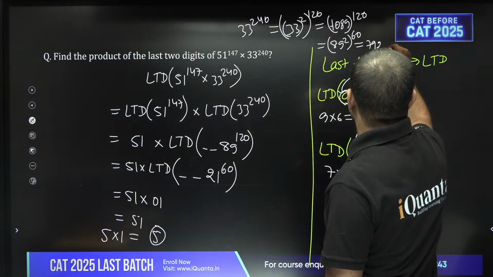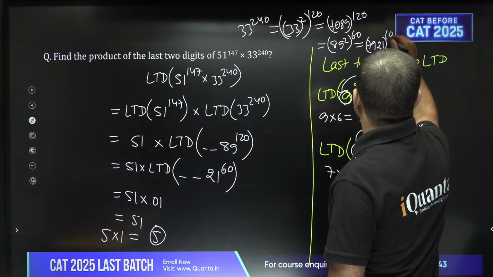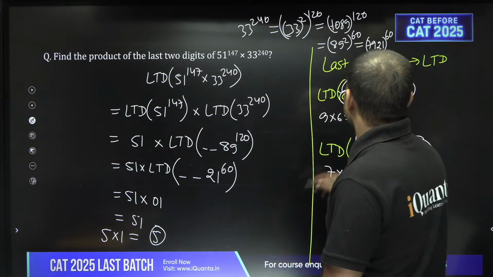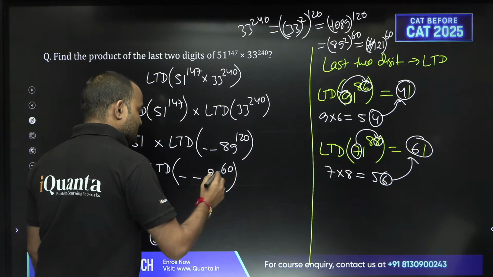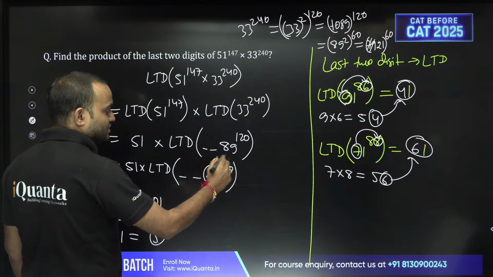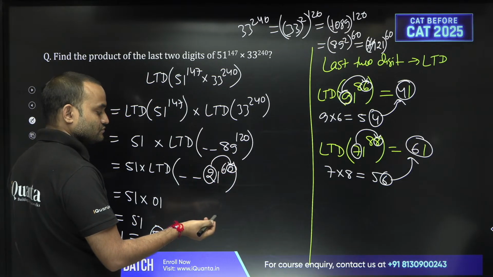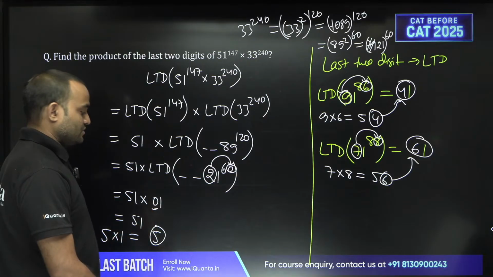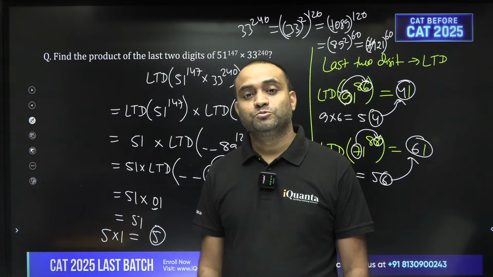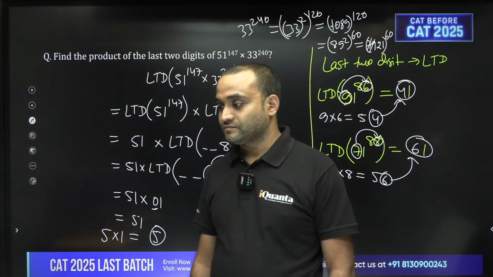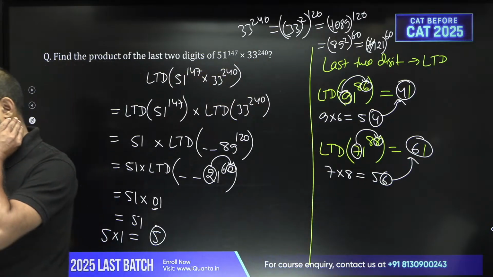So, 7921 to the power 60. When we are finding last two digits, we are only going to consider last two digits. So, 21 to the power 60, unit digit will be 1, then 2 into 0 is 0. So, second last digit will be 0. That is why last two digits of 33 to the power 240 will be 0, 1. Okay.